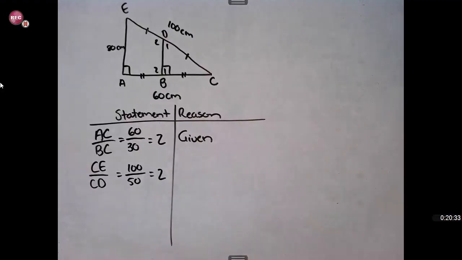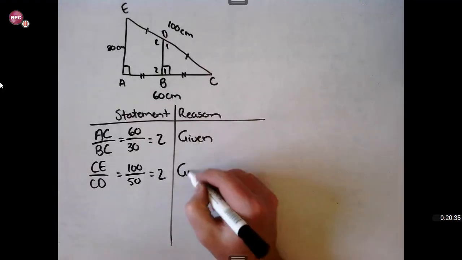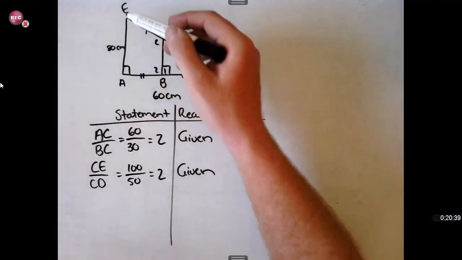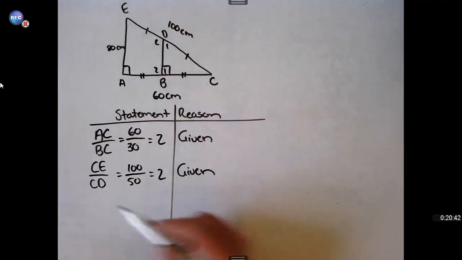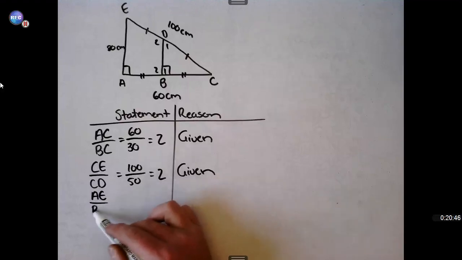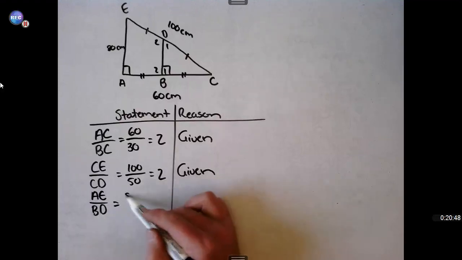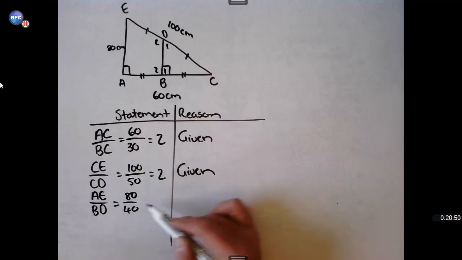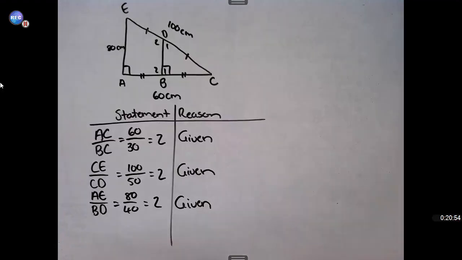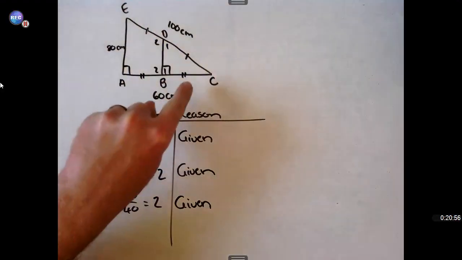So that would be 2. Reason here is also given. Then lastly, AE and BD. So AE divided by BD, which is 80 divided by 40. And that would also be 2, and it's given because they gave you all the measurements in here. Okay.